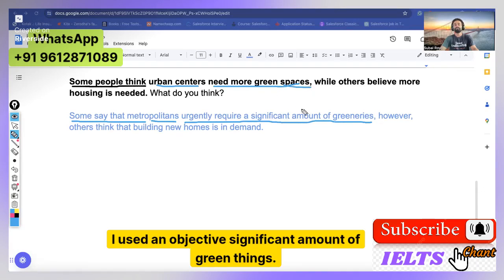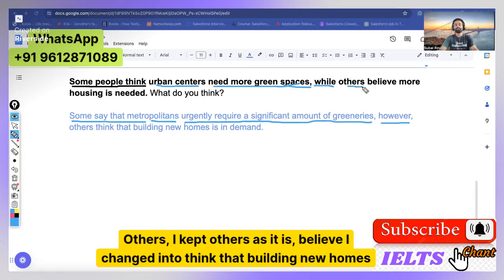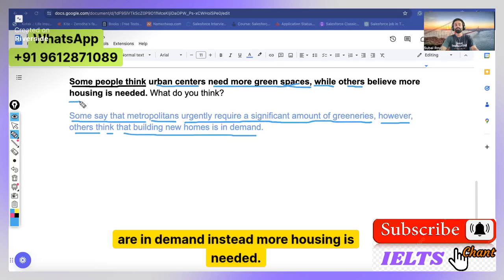So I used an adjective, significant amount of greeneries. While is a contradictory word, so I changed it into however. Others, I kept as it is. Believe, I changed into think that building new homes is in demand. Instead, more housing is needed.